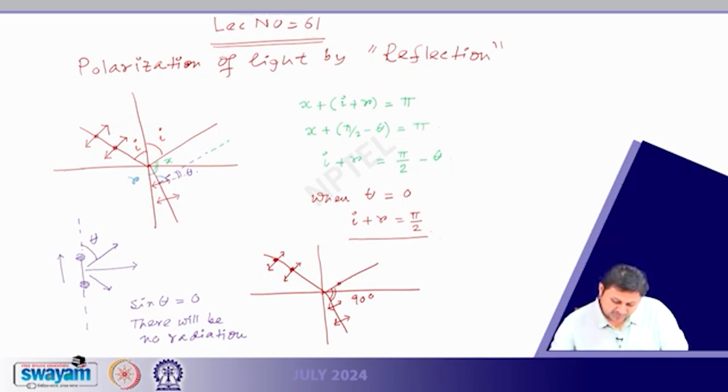So whatever radiation there is in the reflected ray will be only this component, and that is polarized.